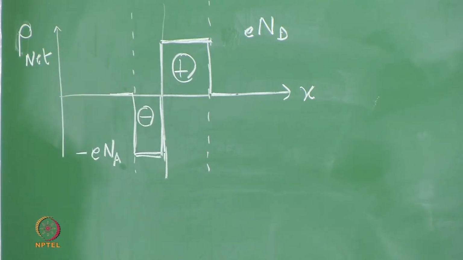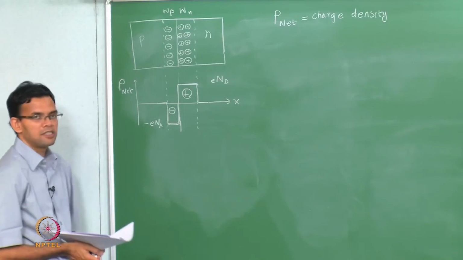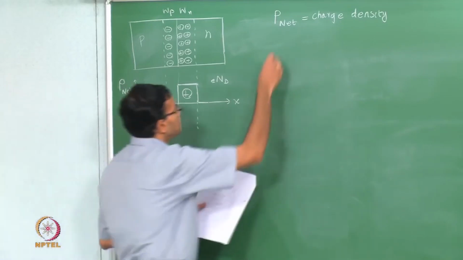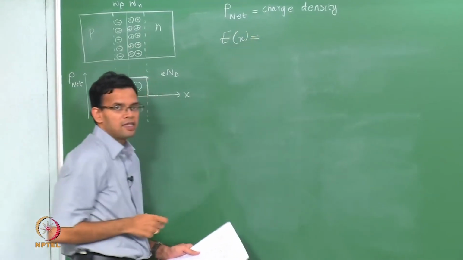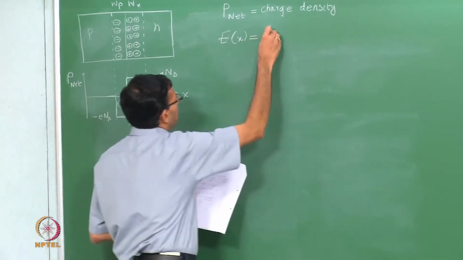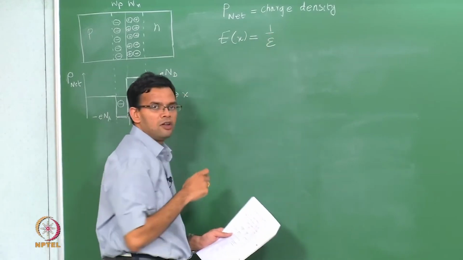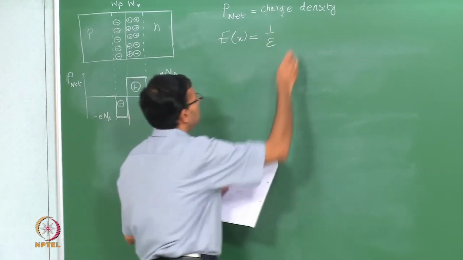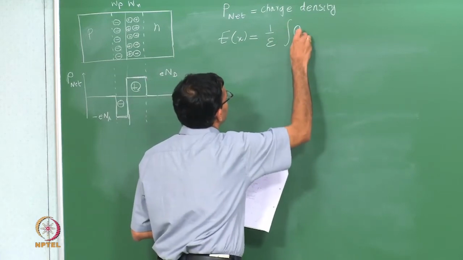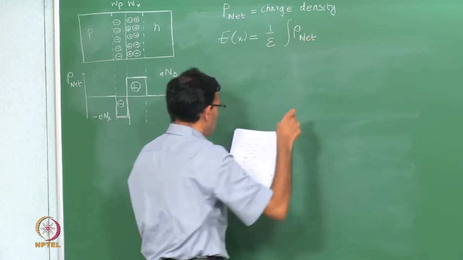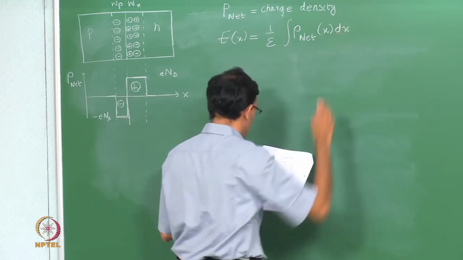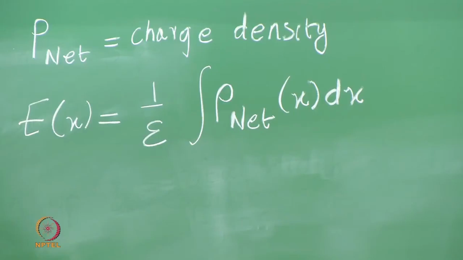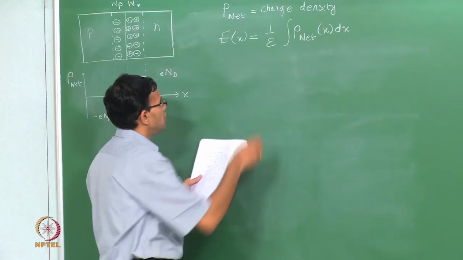We can relate the charge density to the electric field. The equation is electric field E as a function of x is 1 over epsilon, where epsilon is the permittivity of the material, times the integral of rho net as a function of x dx. We just said that the charge density is a delta function and it is a constant.